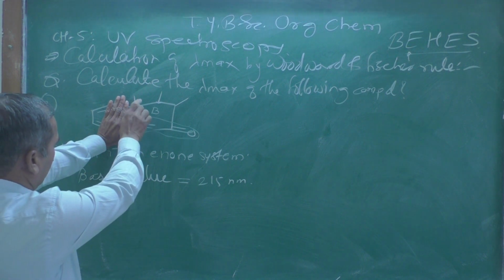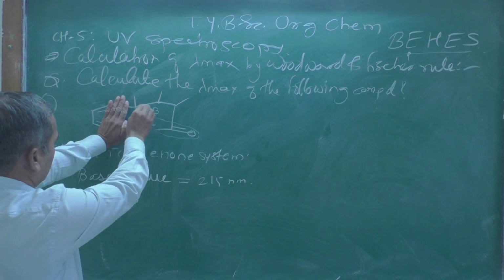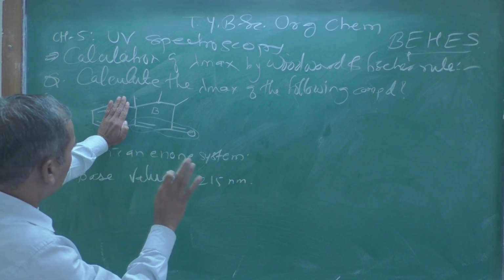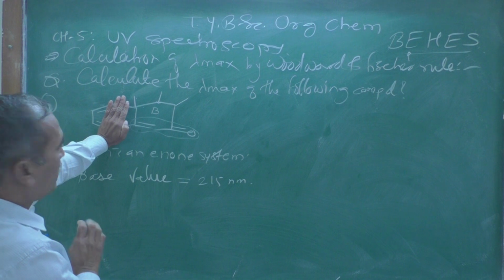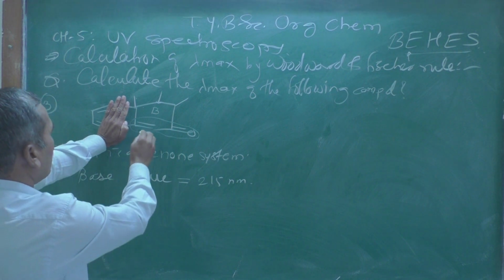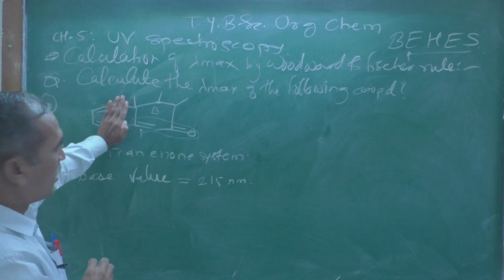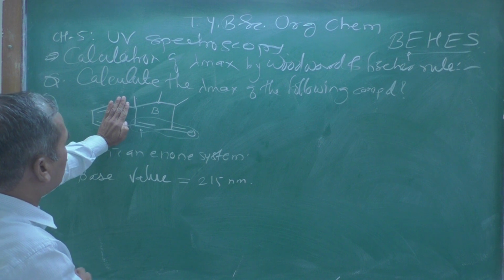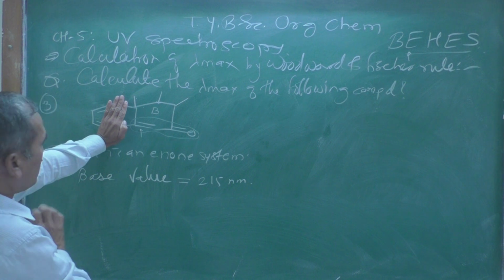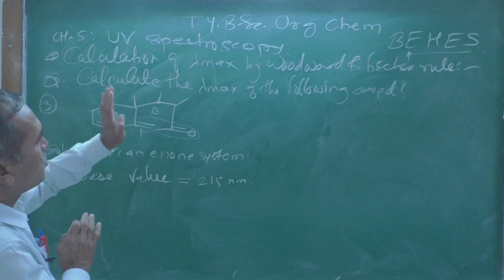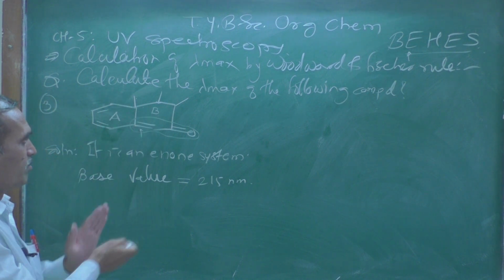If you see here, this is one bond, this is another bond, 2 single bonds are there, but here it is a double bond, and A has one outside double bond, and therefore it is termed exocyclic. Remember, the A ring has one exocyclic double bond.